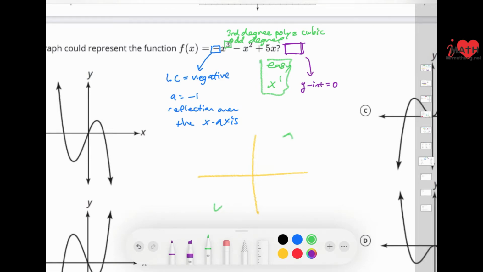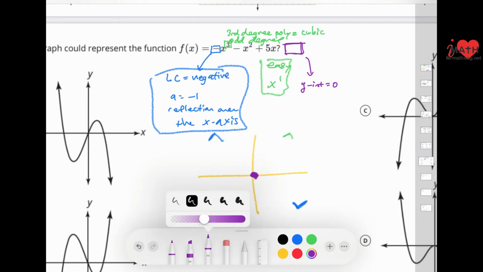But the leading coefficient here is telling me that it's switching. So we're looking at the blues now. And then a y-intercept of 0 is going to look something like this. So let me go ahead and sketch that graph. It might look something like this.